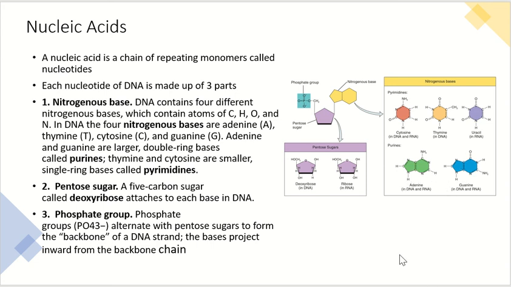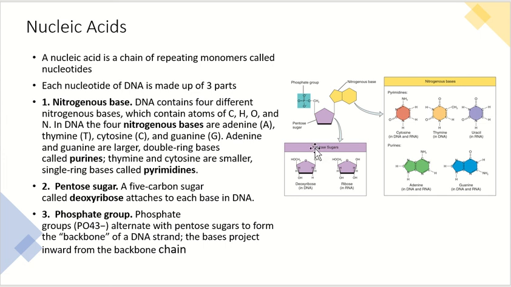So the other part of our nucleic acid, other than our nitrogenous bases, are going to be these pentose sugars. So the 5-carbon sugar called deoxyribose is going to attach to each base in the DNA. And then the phosphate group, which we see up here, is going to be our phosphate group.